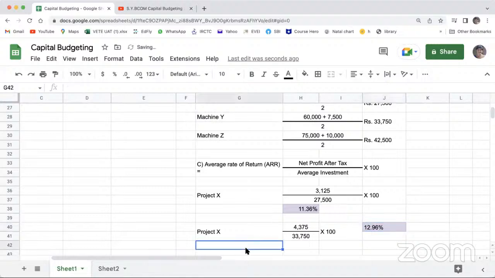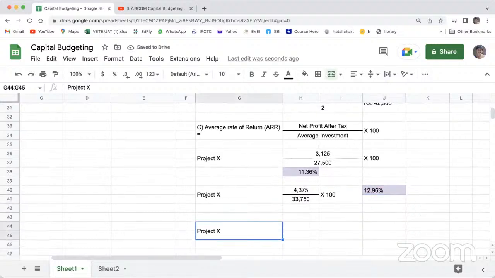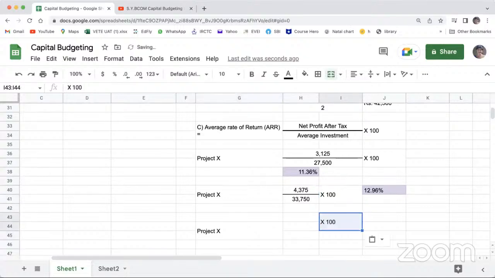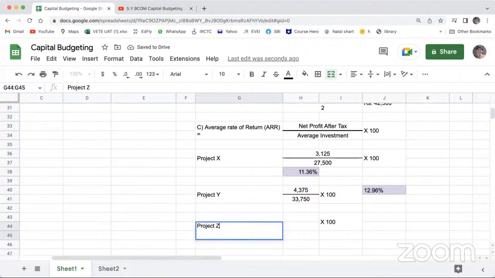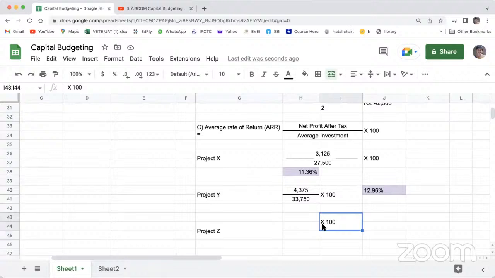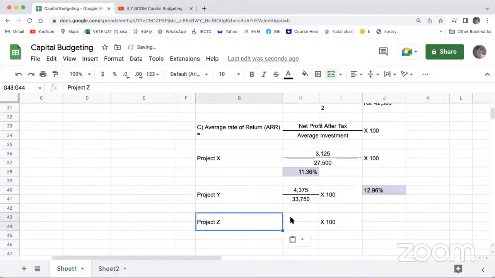That's good. Now let's start with the project. This is Y. And then we have Z. Okay. Now let's start with Z. How much is coming for Z? 15.29. Very good. Everyone is ready with the answer before me. That's nice.